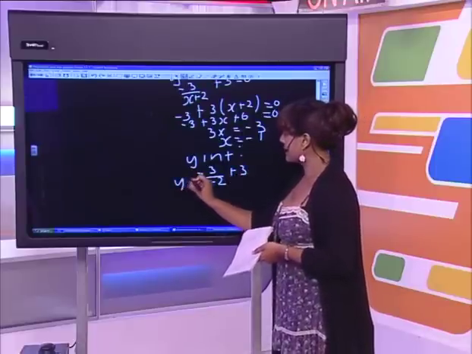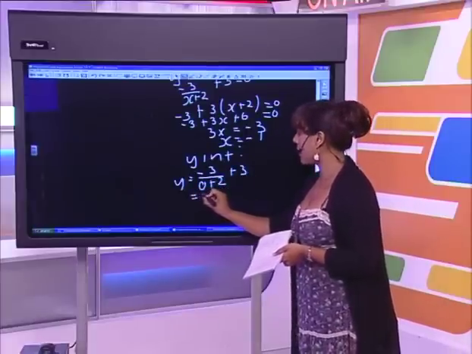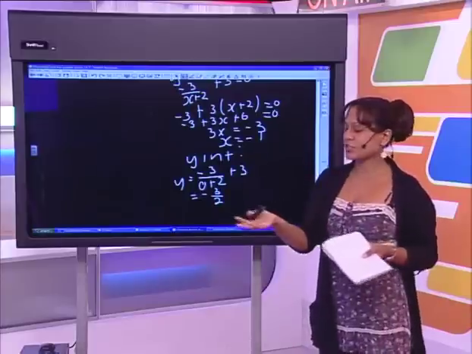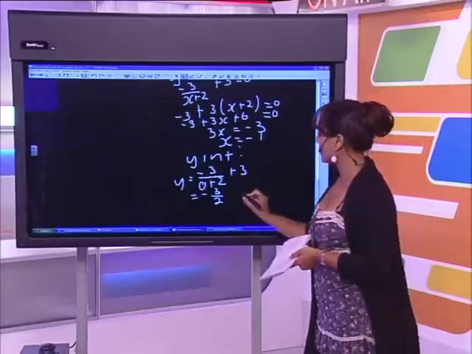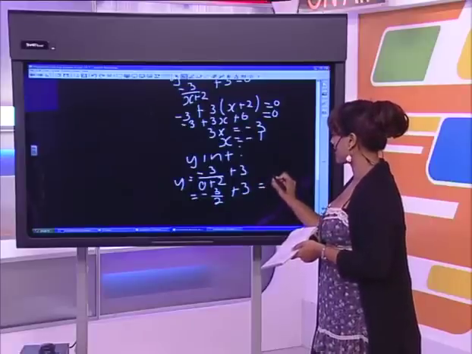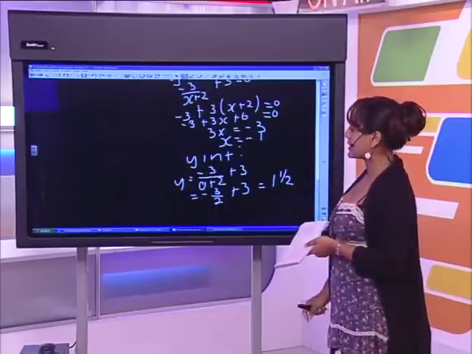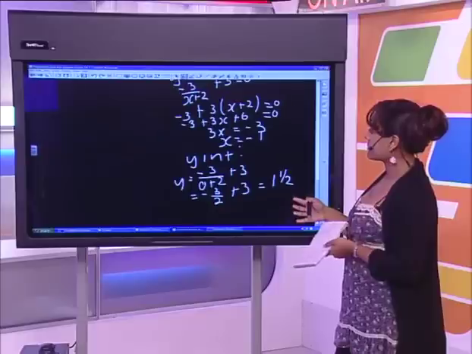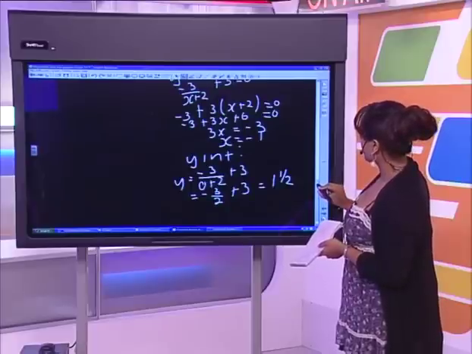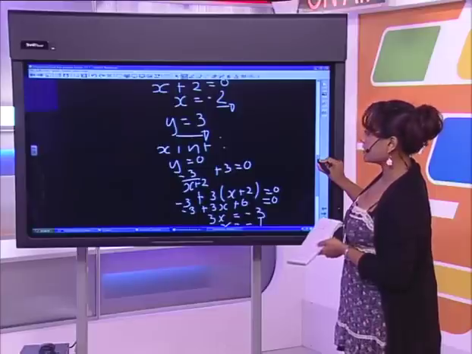All right, and that's y is equal to minus 3 over 2, which is just minus 1.5, for those of you who prefer changing them to decimals, plus 3, and minus 1.5 plus 3 is just going to give me 1.5, if you prefer to plot things in terms of decimals. Okay, so we've got a y-intercept at 1.5, x is equal to minus 1. We have an asymptote at x is equal to minus 2, and an asymptote at y is equal to 3.